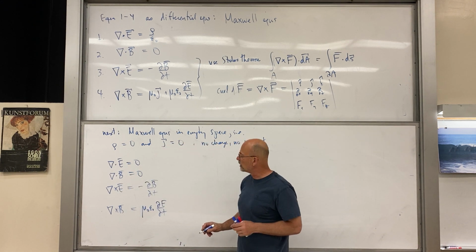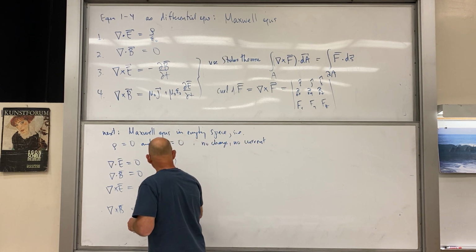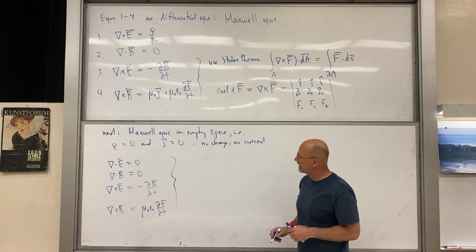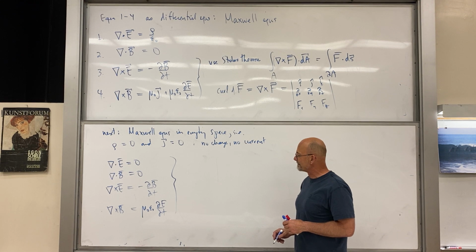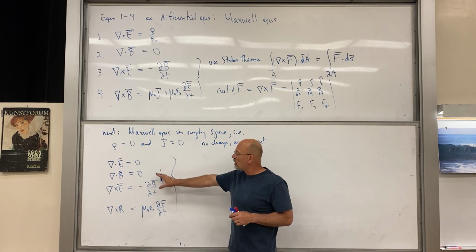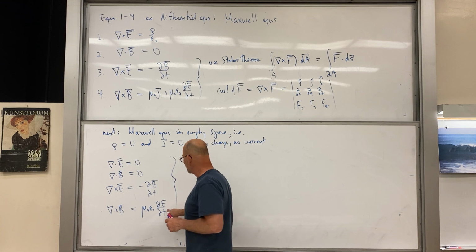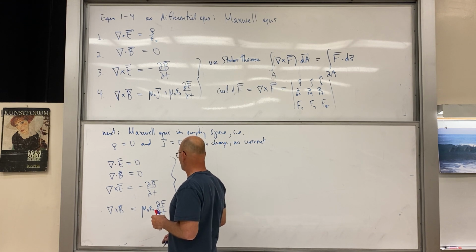So this is where Maxwell was around 1865, the year 1865. And we want to start solving these things, and it's a pretty complicated setup. So what we're going to do, we can do the same thing in both of these.